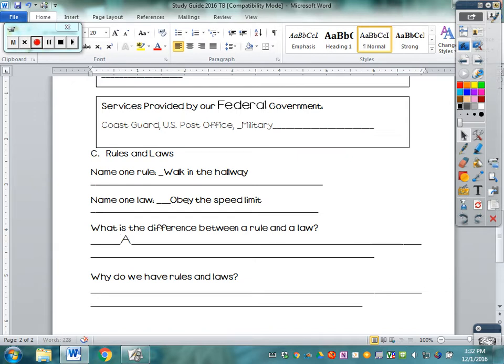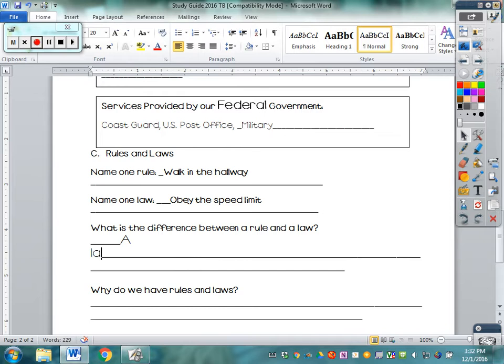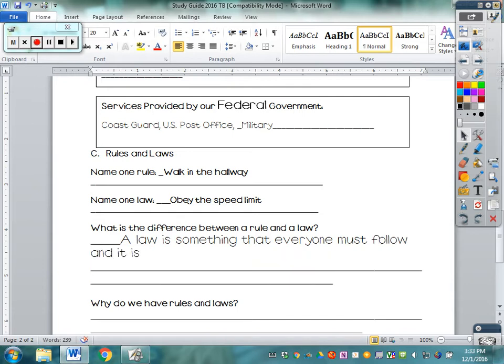A law is something that everyone must follow, and it is enforced by the police.